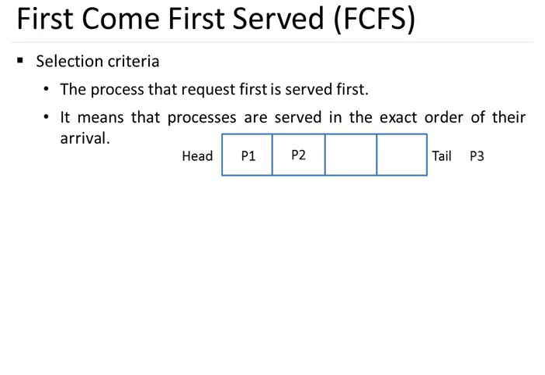So obviously it should come after the P2 process. Okay, so this is very simple. Generally in regular or day-to-day life, whenever there is a queue, we have to follow first come first serve order. For example, if I am taking submissions from students, then they need to come in their order. Just like that.